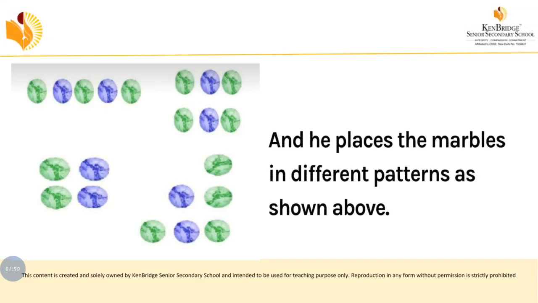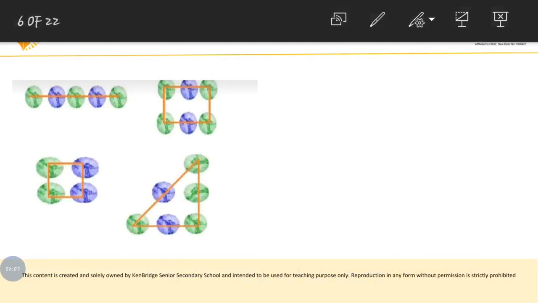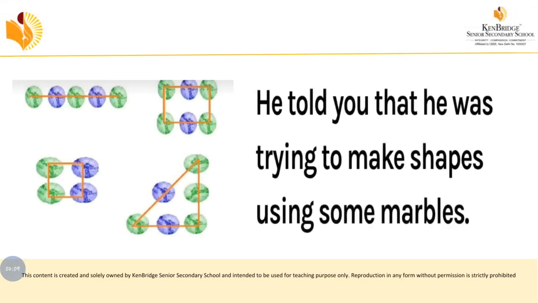You asked him what he was trying to do, and he told you that he was trying to make shapes using some marbles. So here is a shape that was made by your friend. And here you can see a line, square, rectangle as well as a triangle.